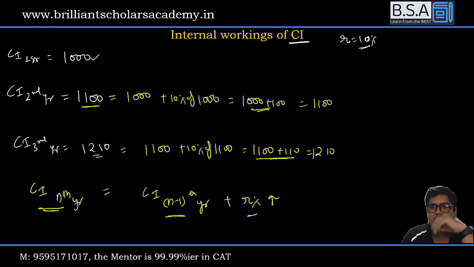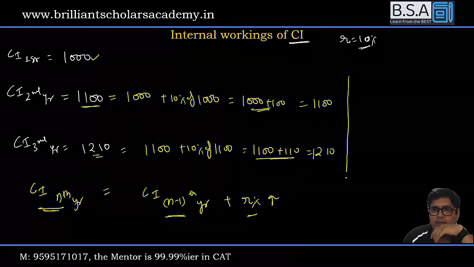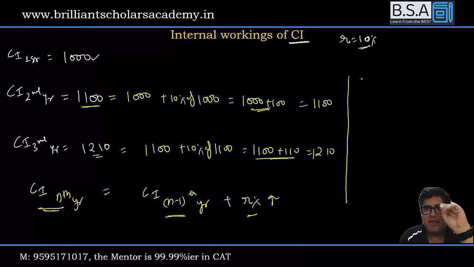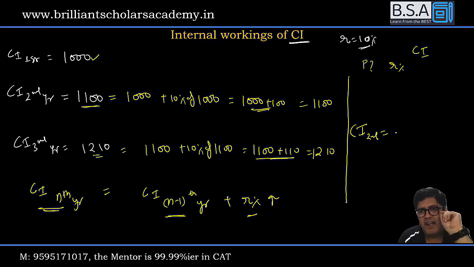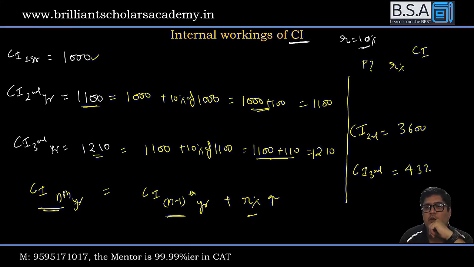So I'm telling you, in some scheme, you do not know the principal, you do not know the rate of interest. It is not known to you. What is known to you is compounding scheme is there, and the second year interest is 3600, and the third year interest is 4320.